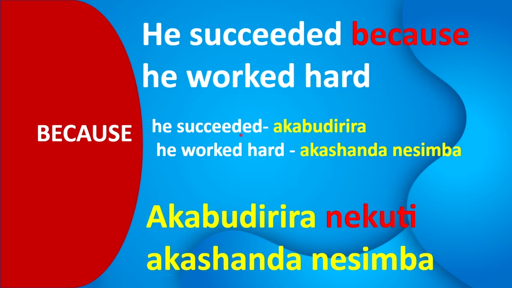He succeeded in Shona becomes akabudirira, because becomes nekuti, he worked hard, akashanda nesimba. He worked, which is akashanda, hard, nesimba. Akabudirira nekuti akashanda nesimba. Okay, I hope it's understandable. Let's do another example.